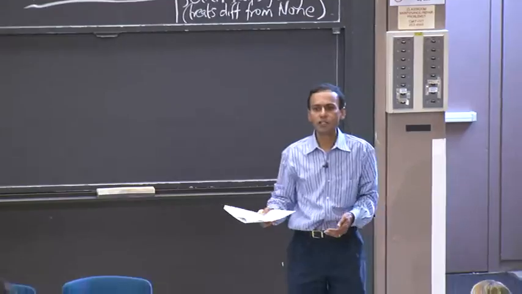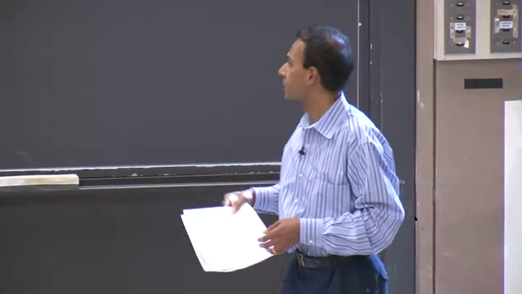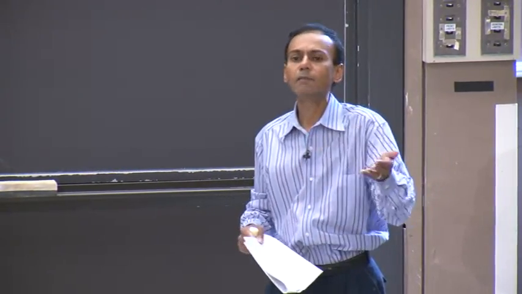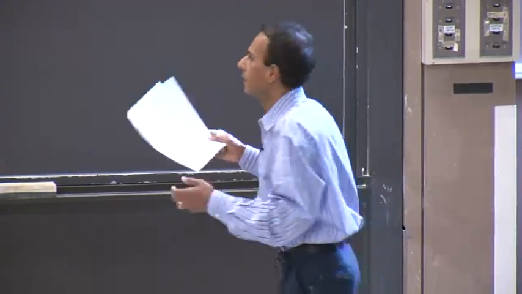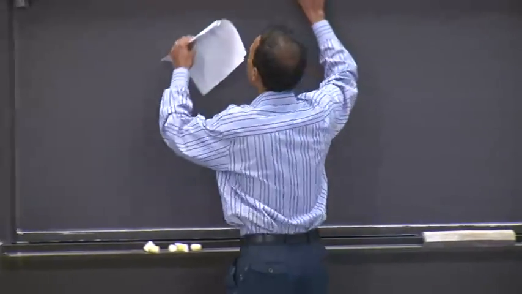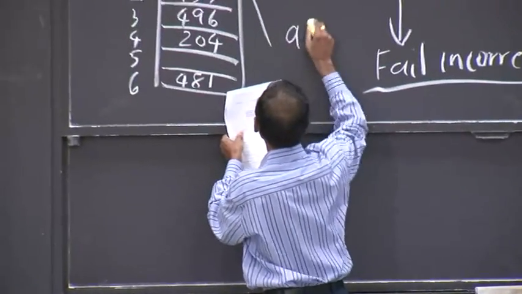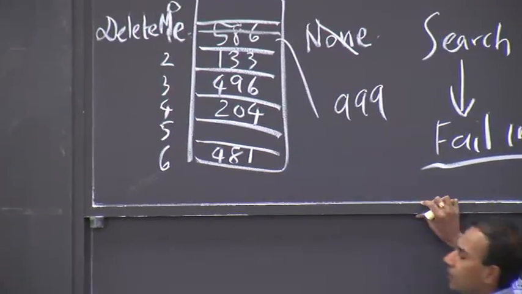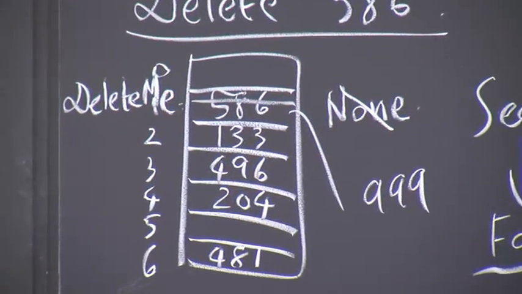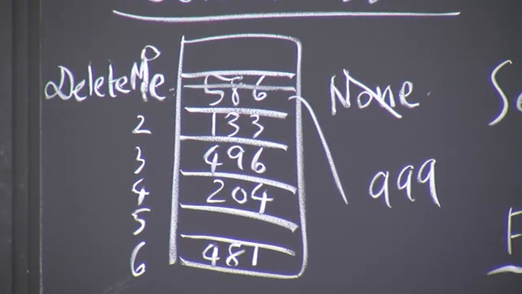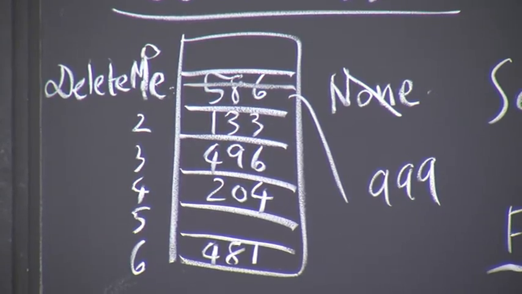So the next time you want to insert, if you happen to index into the slot corresponding to 586, you can override that. The delete me flag goes away, and some other key, call it 999 or something, would get in there. And you're all set with that. Okay? Any questions? This all makes sense?